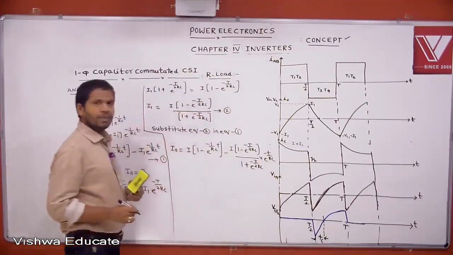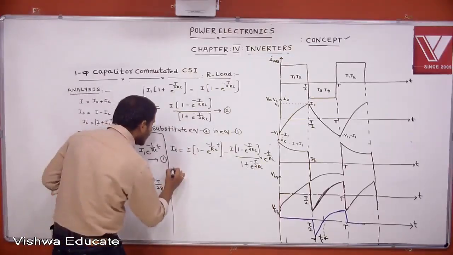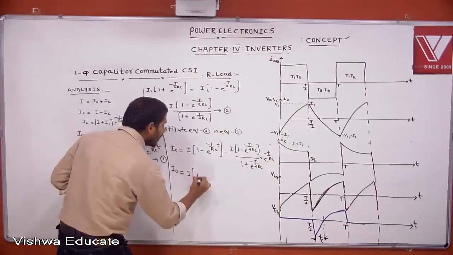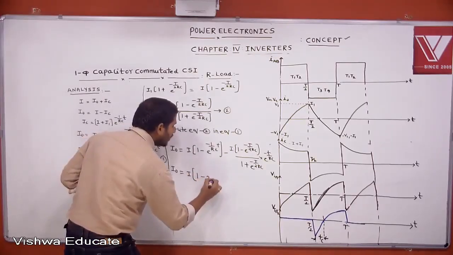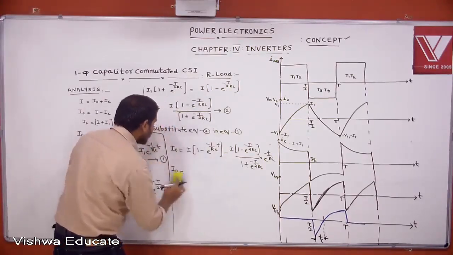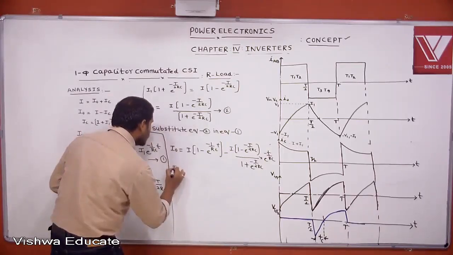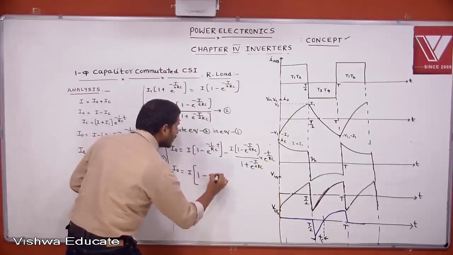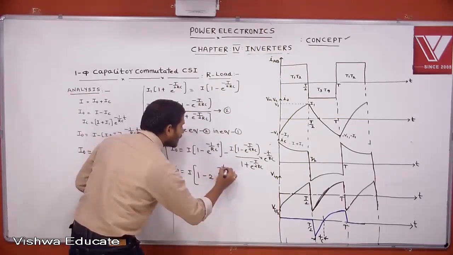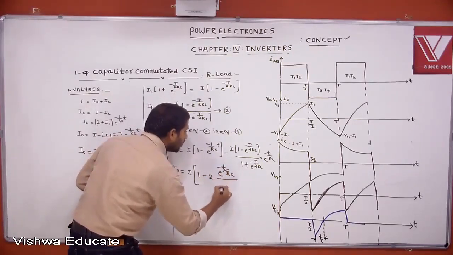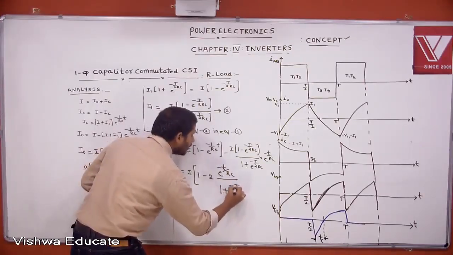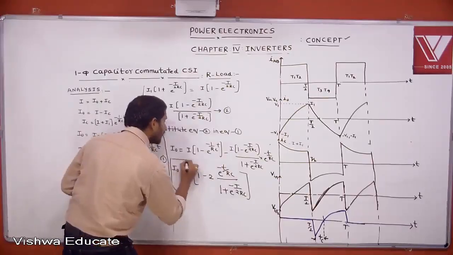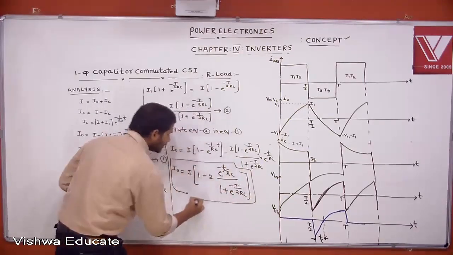Now by simplifying this, directly I am writing, I naught equal to I into 1 minus 2 into e power minus T by RC by 1 plus e power minus T by 2 RC. This is the expression for load current in an RC circuit.